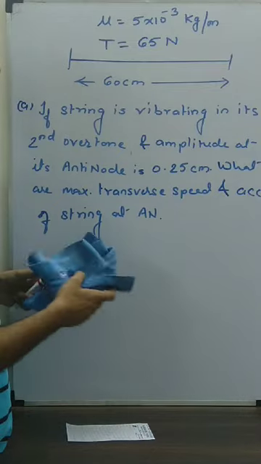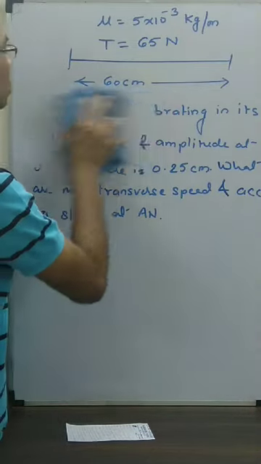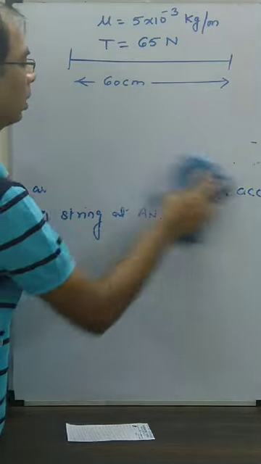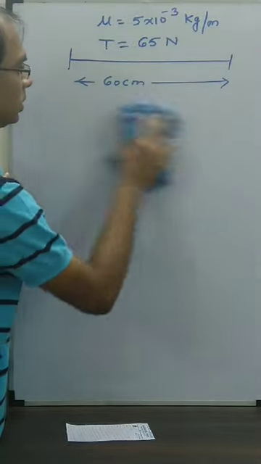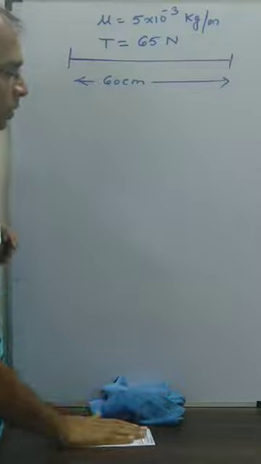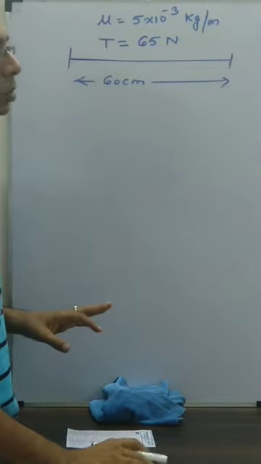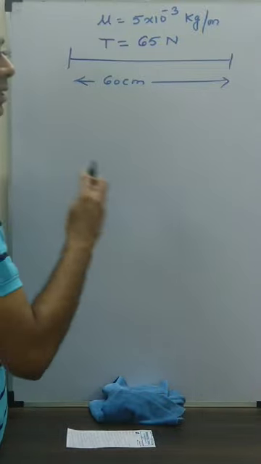Okay, so the information here is it's in second overtone. Now, second overtone when the string is fixed at both ends. If you look at a string fixed at both ends, what are its frequencies?